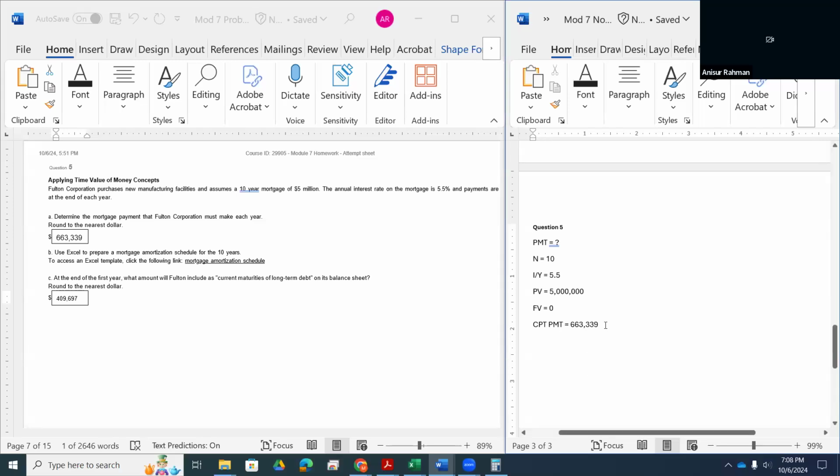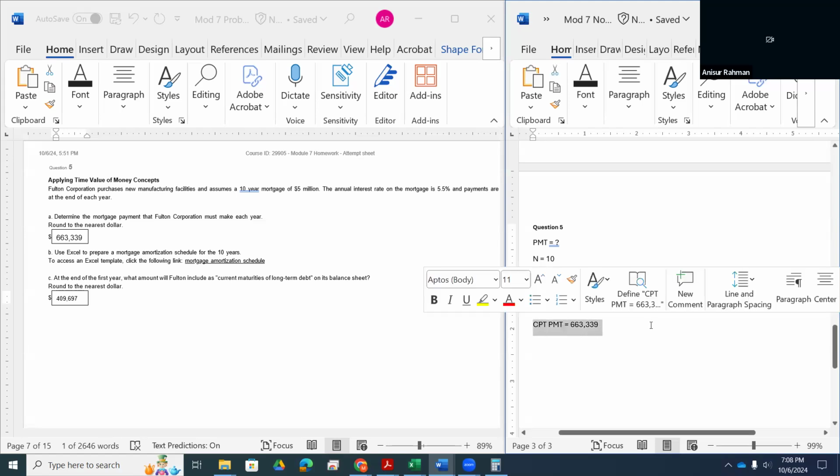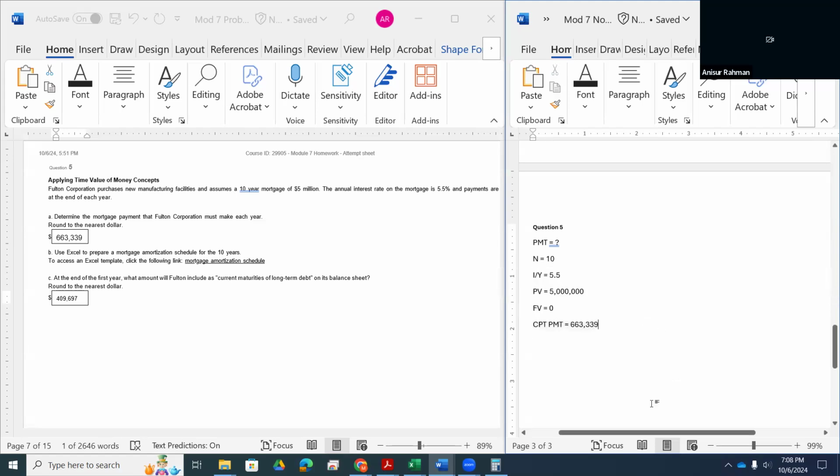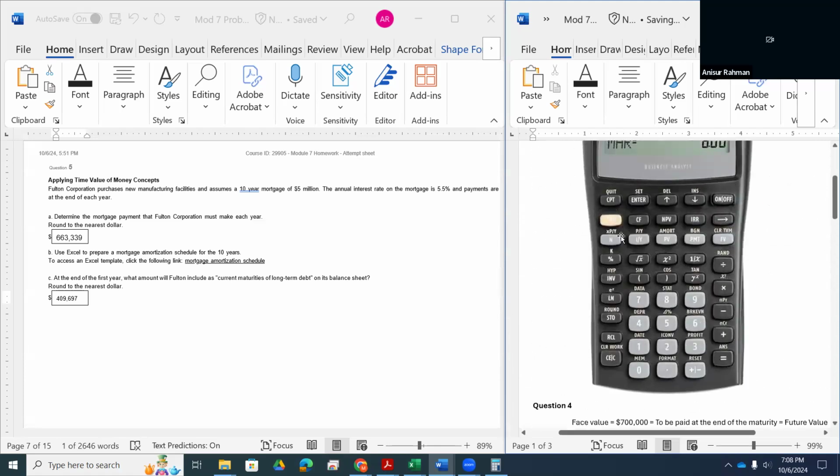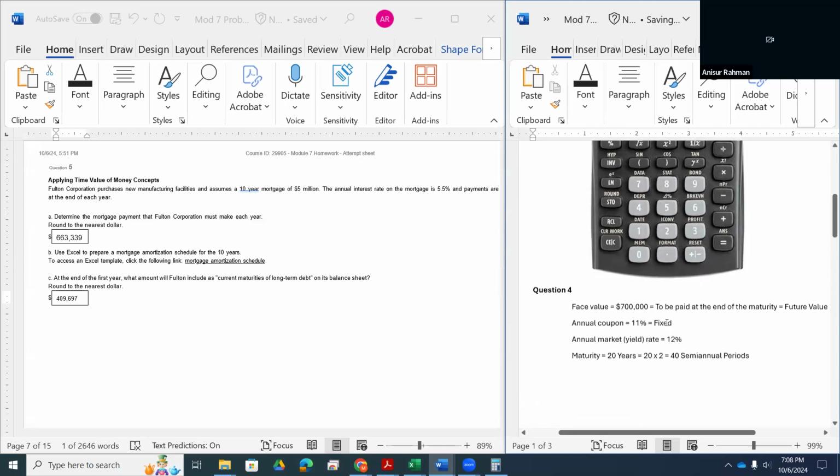So after you find this amount, you'll press the second key. If you remember, this is the second key. And then you'll press FV, which will activate the amortization feature of the calculator.